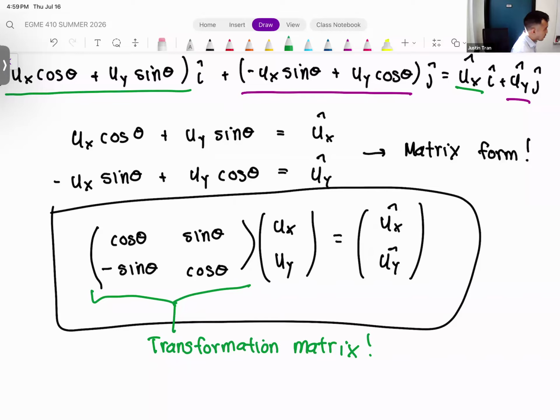If you look at the structure of this entire system, not just the matrix but the vectors too, on the left-hand side we're multiplying the transformation matrix by ux and uy, which are the vector components in the stationary coordinates. By doing so, we obtain the components for the same vector, but in the local coordinates. So by multiplying our component vectors by this transformation matrix, we can go very easily between the stationary coordinate system and the local coordinate systems.